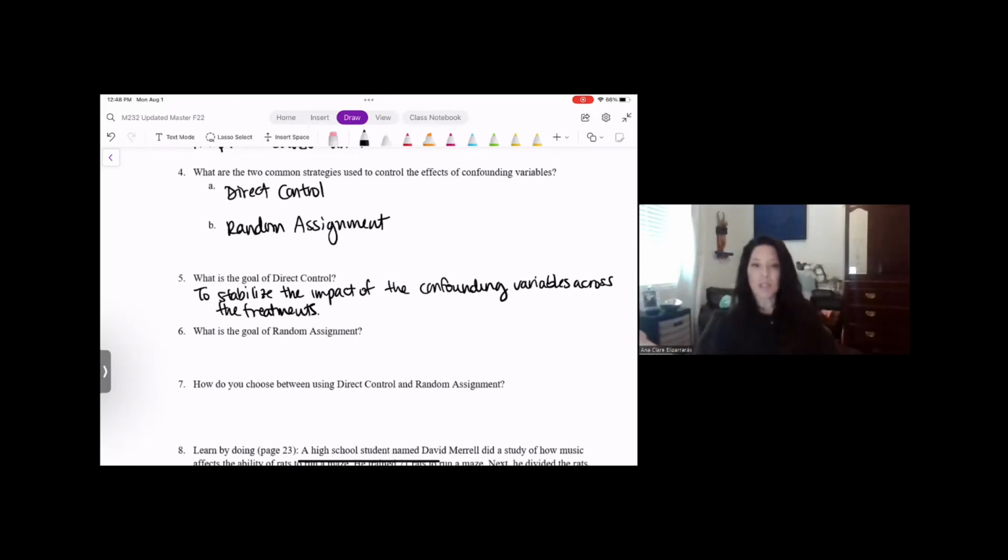We use random assignment to try and create similar groups. And that way, any of the differences that we see in the response variable can be attributed to the treatments that are given.